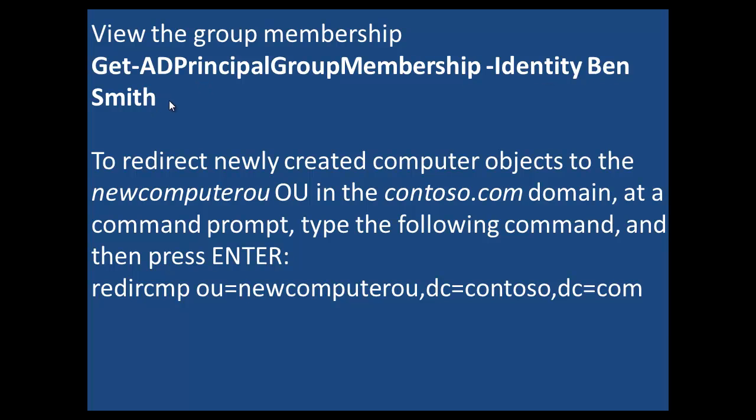So what we're looking at here is finding out the groups that Ben would be a member of. If Ben was a member of 5 groups and we wanted to find out which 5 groups Ben belonged to, we would type this command at the PowerShell prompt.